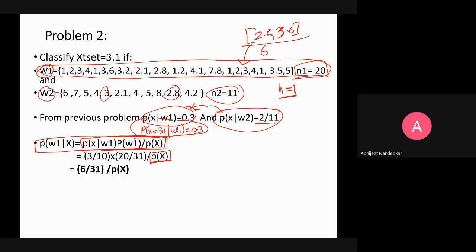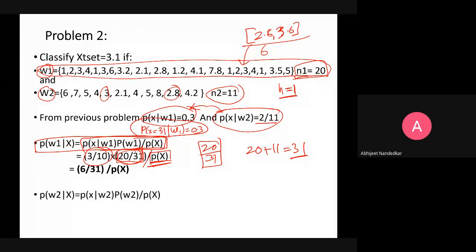Now what is this 20 by 31? This is the prior knowledge, because there are 20 plus 11, total 31 samples. Out of 31, there are 20 samples for omega 1, so I'm taking 20 by 31 as my prior. So this is likelihood, this is prior, divided by p of x. So it will be, I think, 6 by 31.